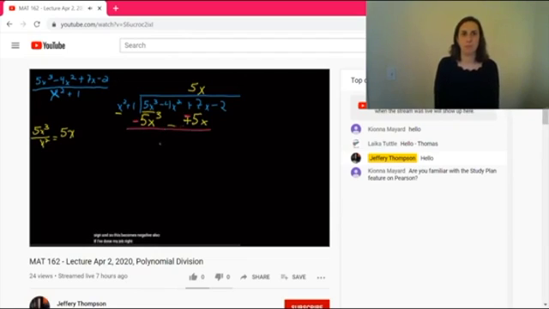If I've done my job right, the leading terms should cancel. Right? 5x cubed and a negative 5x cubed is 0. But notice, I'm now going to have a negative 4x squared. And this is now negative.